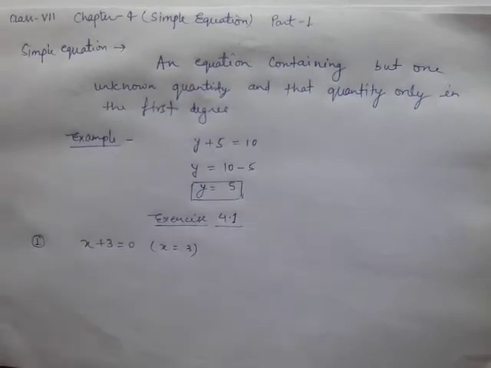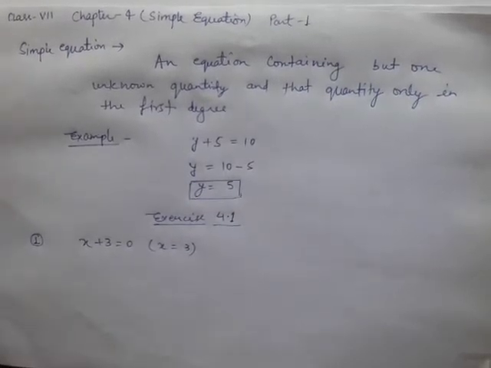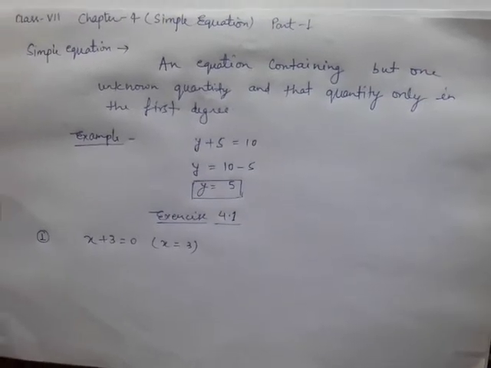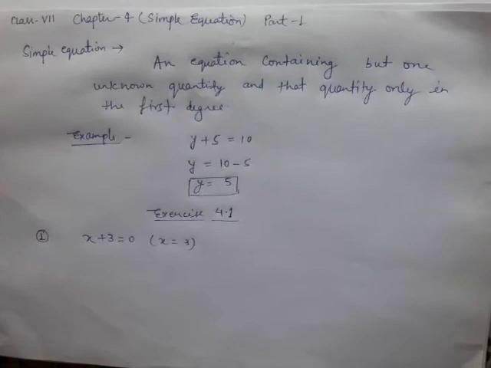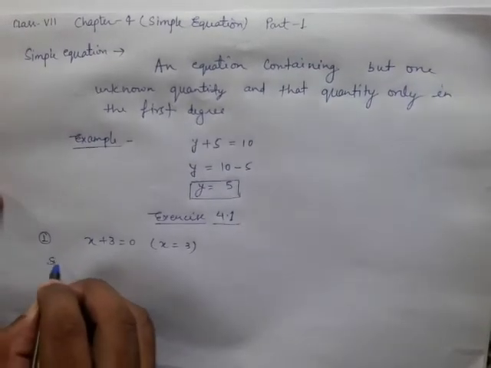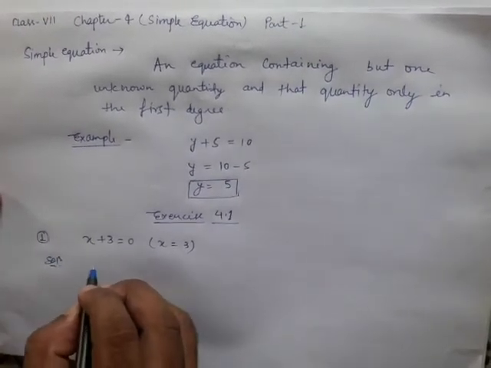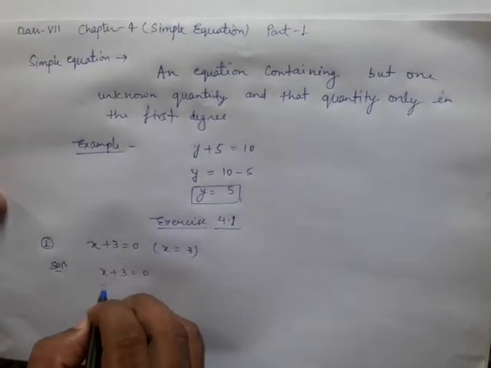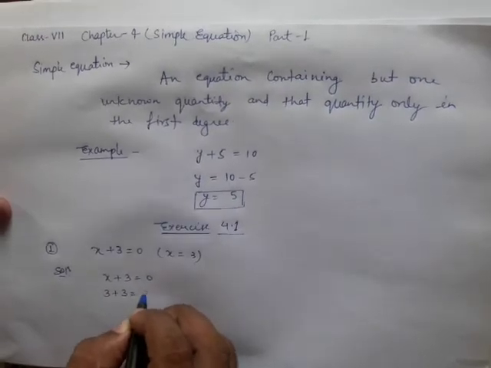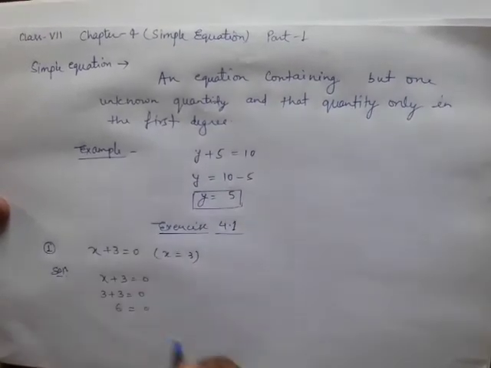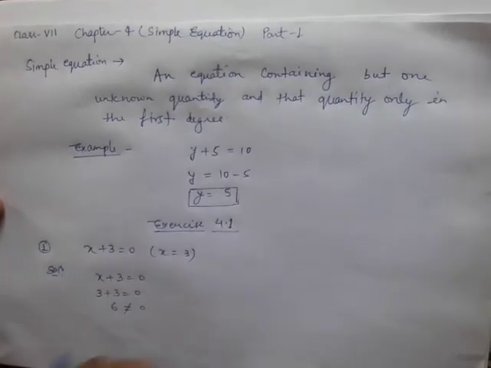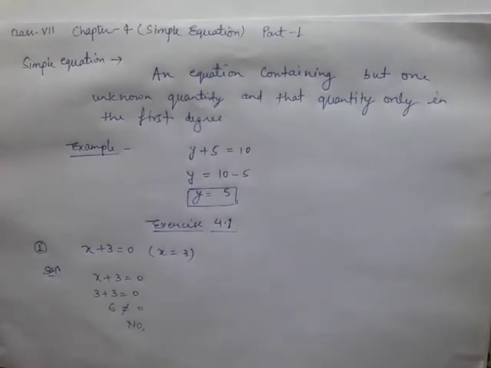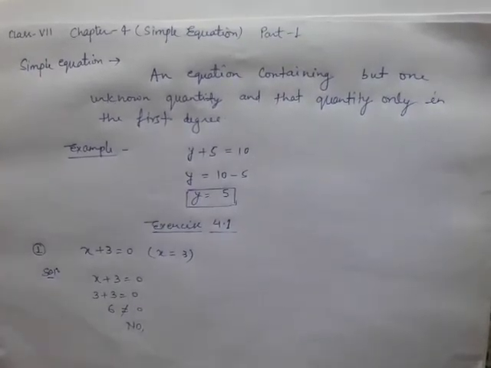Put the value of x equal to 3: 3 plus 3 equal to 0, 6 equal to 0. So 6 and 0 are not equal, which means this answer is no, and this value is not satisfied.